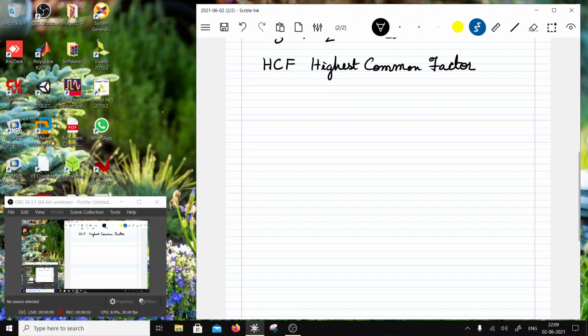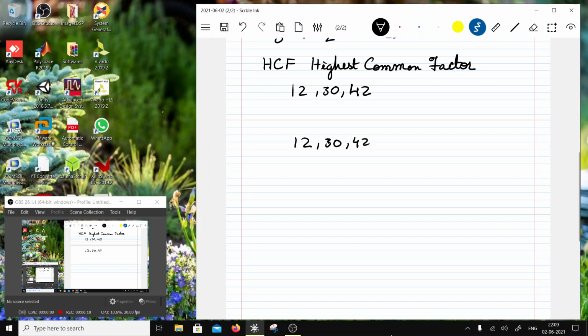Let's say I have two or more numbers, let's say 12, 30 and 42. How would I find the HCF? I would take 12, 30, 42 and try to divide them. What's common between them? They can be divided by 2. So this becomes 6, 15, and 21.